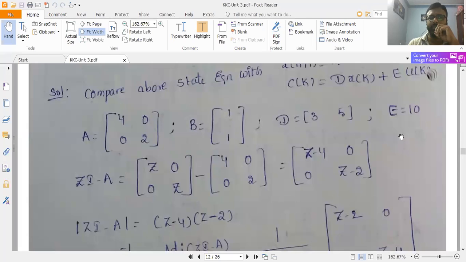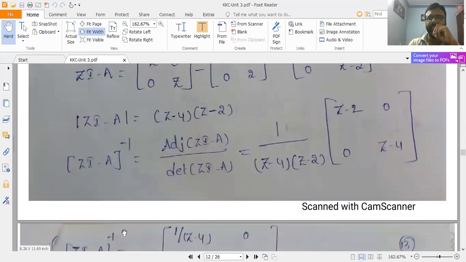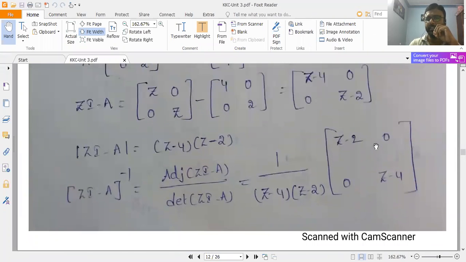So the given problem is in the discrete form. For calculating the discrete state transition matrix, we have the expression z inverse of (zI minus A) whole inverse into z. Okay, so zI minus A is going to be obtained as [z minus 4, 0; 0, z minus 2], and (zI minus A) whole inverse is going to be obtained as 1 divided by (z minus 4) into (z minus 2), and these two values are going to be interchanged, and signs of the off-diagonal values are going to be interchanged.